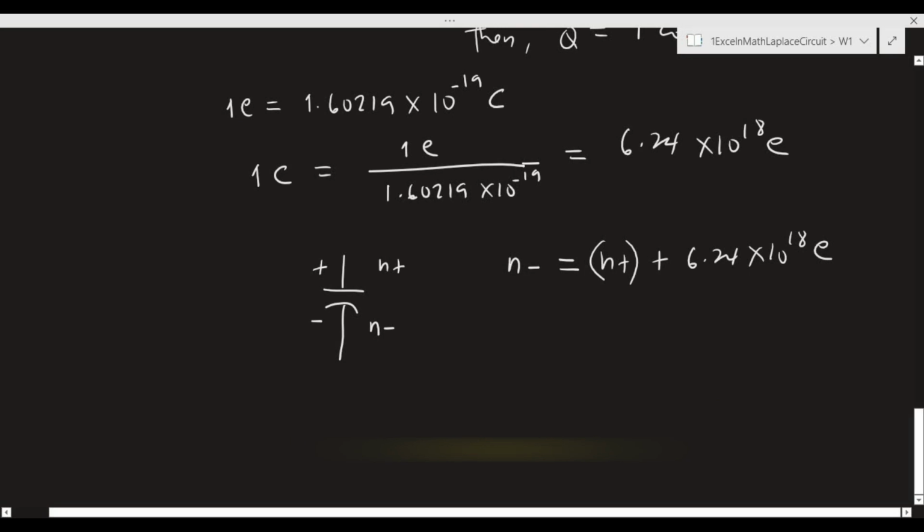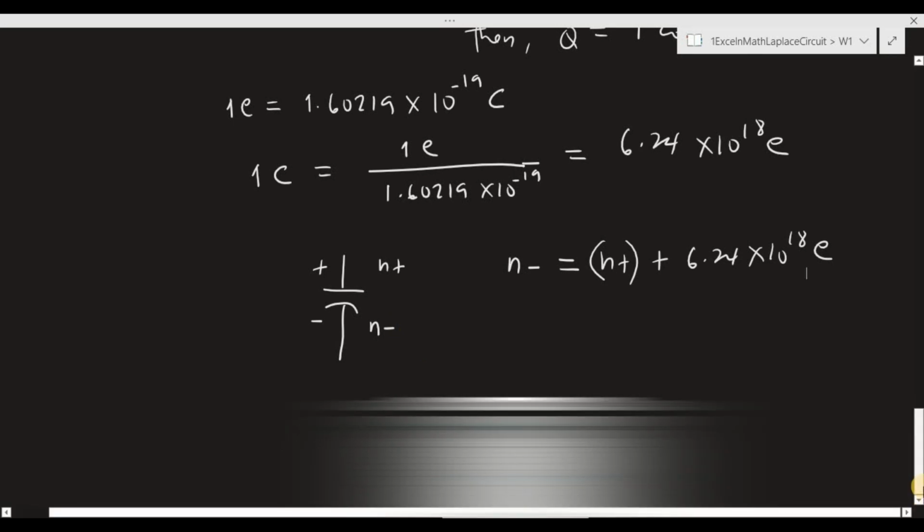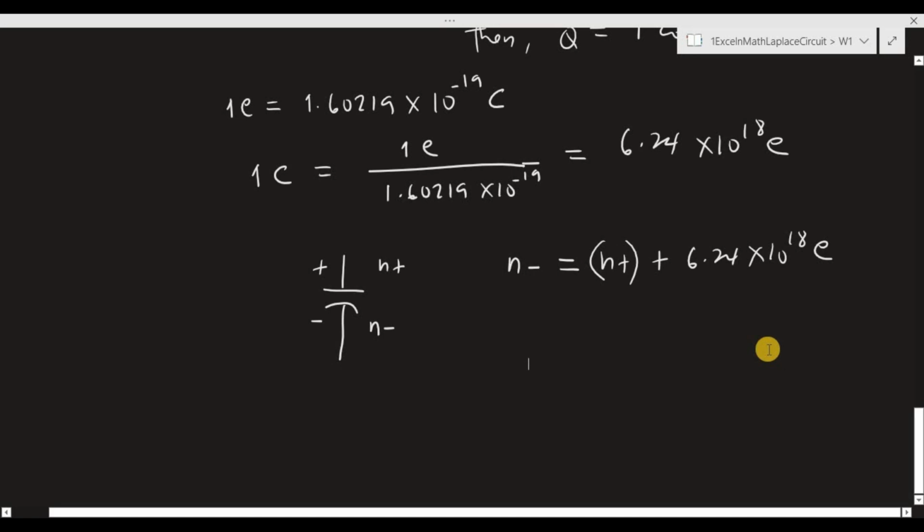In other words, the negative plate must contain a number of electrons greater than the number in the positive plate by 6.24 times 10 to the 18 electrons.